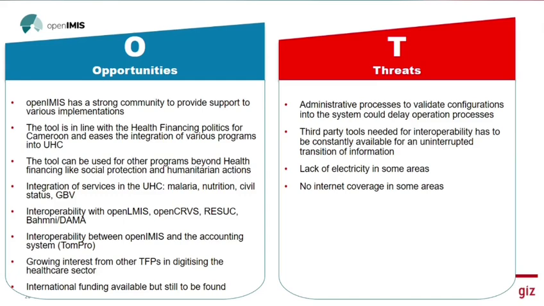So we want to know what the health facility really needs as internet quality to be able to work in openIMIS. Then we can set standards in Cameroon and tell the national providers that in this region we don't have this capacity, and we need this capacity of internet to be able to use the system. That is one of the problems we are trying to solve right now.